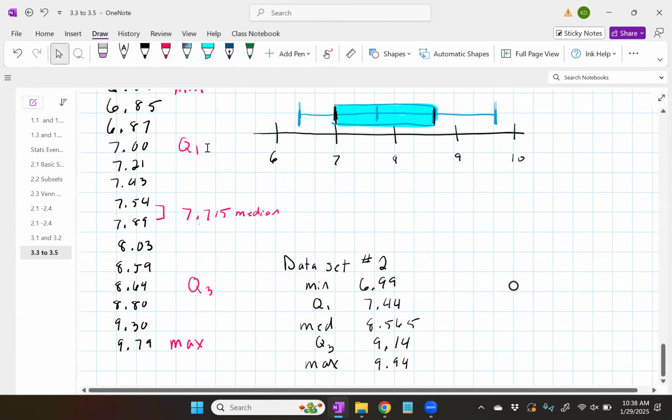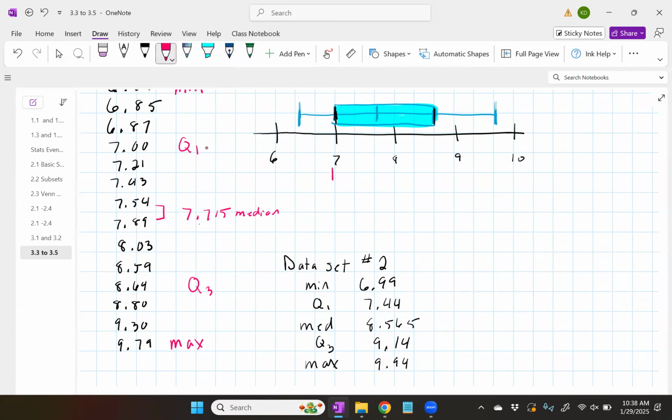All right, 6.99, my minimum. My max is 9.94, so that's pretty high. That is here-ish. Median is 8.5, here-ish. And Q3 is 9.14, which is here-ish.